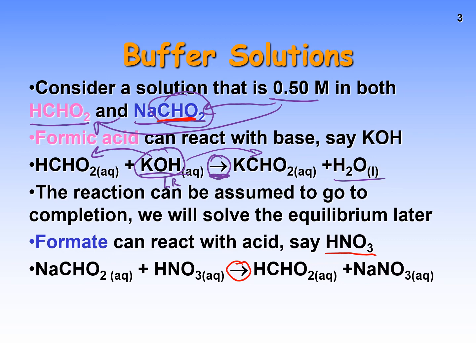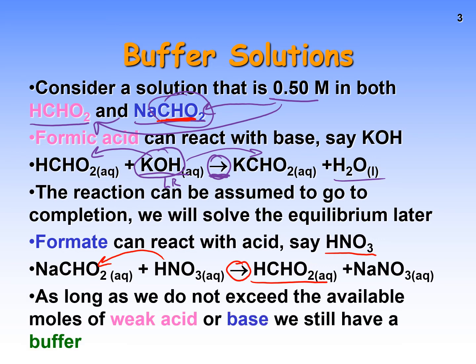So the acid here is going to react with the sodium formate, or specifically the formate in sodium formate. Sodium is actually a spectator ion, if you remember your net ionics from Chem 1A. And we form formic acid as a product, which is the conjugate acid of formate. This, again, maintains a stable pH.